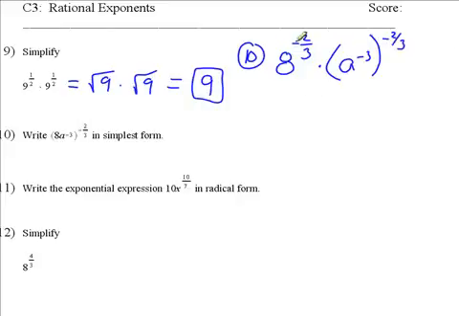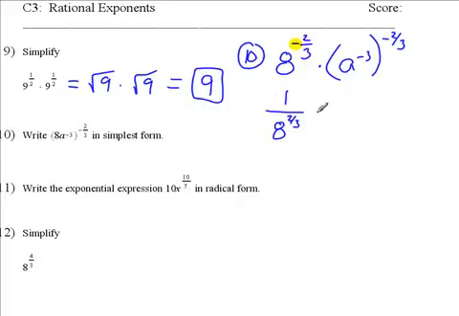Negative powers, all negative powers do is invert the number. They flip it over, basically. So instead of 8 to the negative 2/3, we could write that as 1 over 8 to the positive 2/3. That's all the negative exponent does, is it just moves the number across the fraction bar. So if I had this on the bottom, the negative would have moved it to the top.